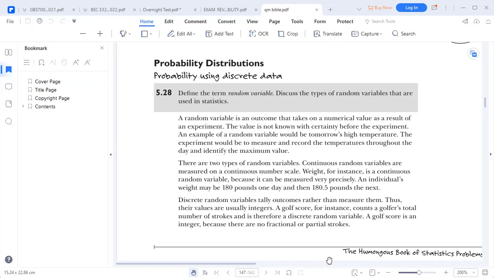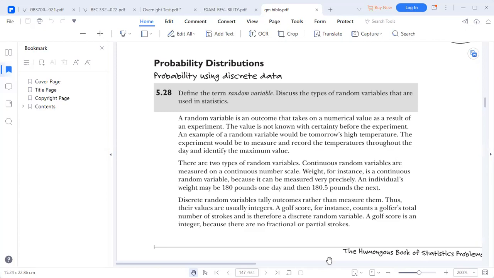With the term discrete, we mean an outcome whose values are not fractional or portional numbers.